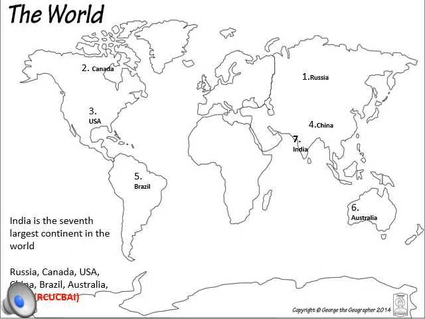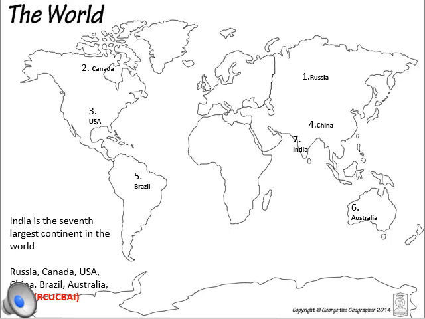India when compared to the world. India stands in the 7th position, the 7th largest country in the world. So apart from India, which are the other 6 largest countries in the world? The first one is Russia, second Canada, third USA, fourth China, fifth Brazil, sixth Australia, and seventh India.